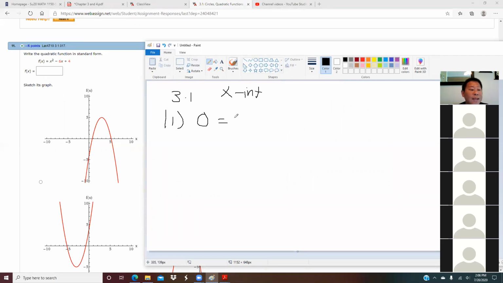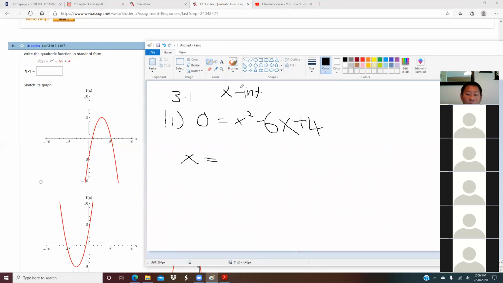So you set this to 0, it becomes x squared minus 6x plus 4 equals 0. Unfortunately, you cannot factor this, so you have to use the quadratic formula. Does anyone here know what the quadratic formula is? Because this is something very, very important. Anyone know?